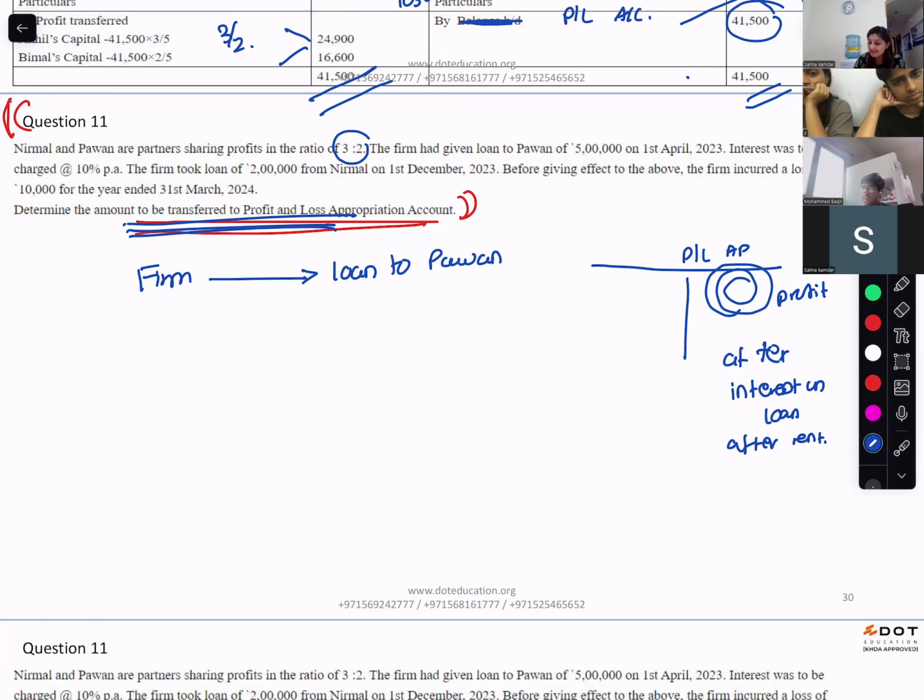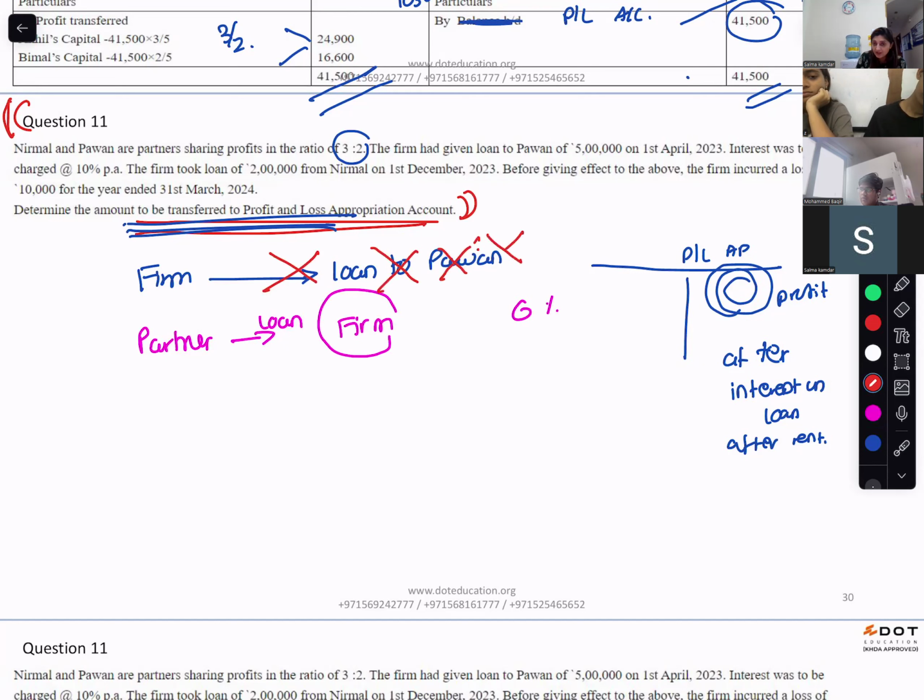However, when it happens vice versa, if the partner is giving a loan to the firm, in that case the firm has to give 6% interest. Are you with me? Yes, ma'am. So the amount that would go to the appropriation account would not be the interest on loan for this, but interest on loan for this has to be considered.